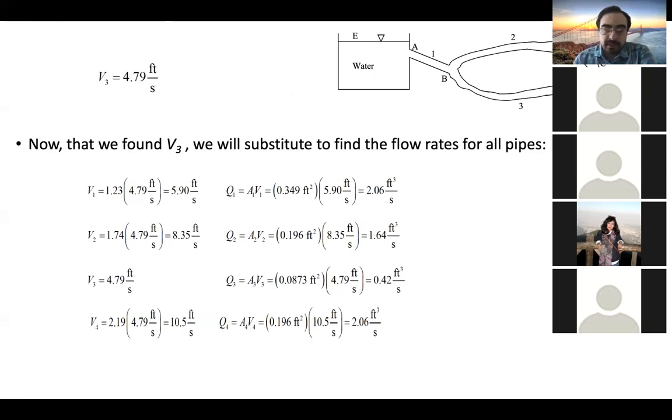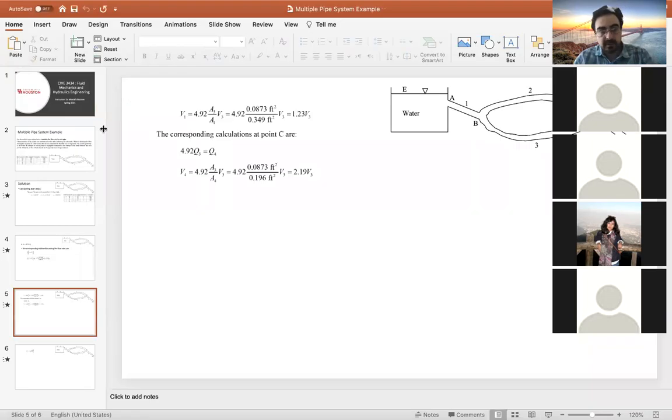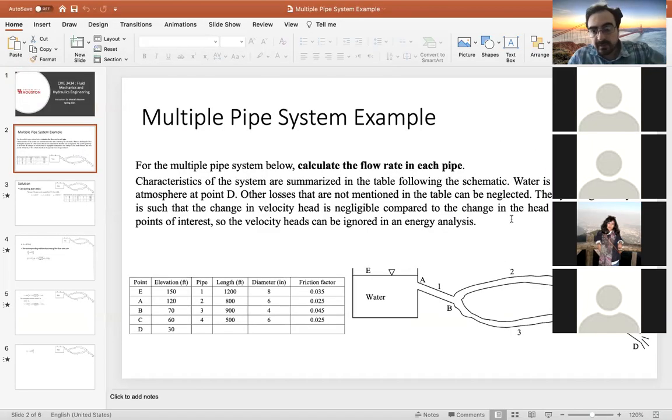That was for when you have multiple reservoirs. When you have multiple reservoirs, you don't know, for example, if I have another reservoir here that also has a pipe connection to this pipe system, whether the flow is going to come from that reservoir into the pipe, or go out of the pipe into it.